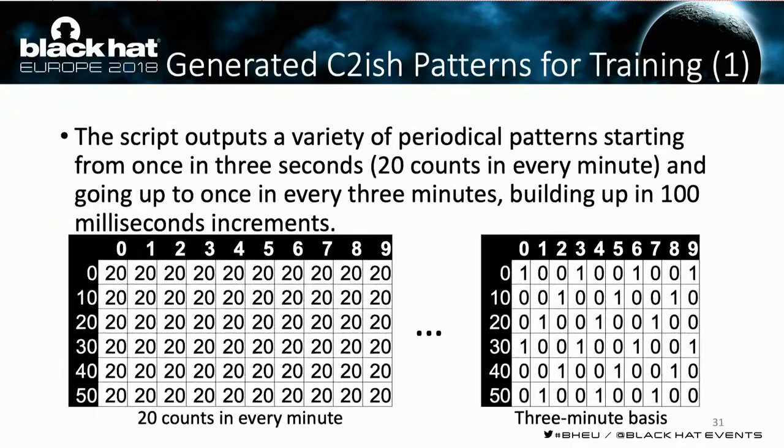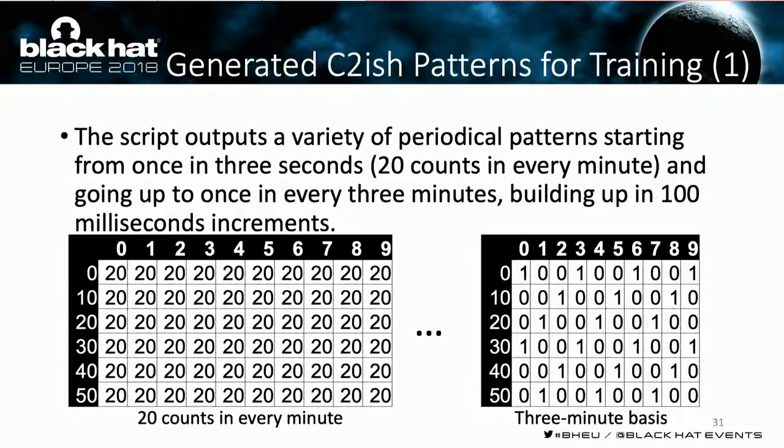Next, let me explain how we generate C2-like communication patterns. As we mentioned earlier, we use generated C2-ish patterns for malicious data of the training dataset with a simple script.